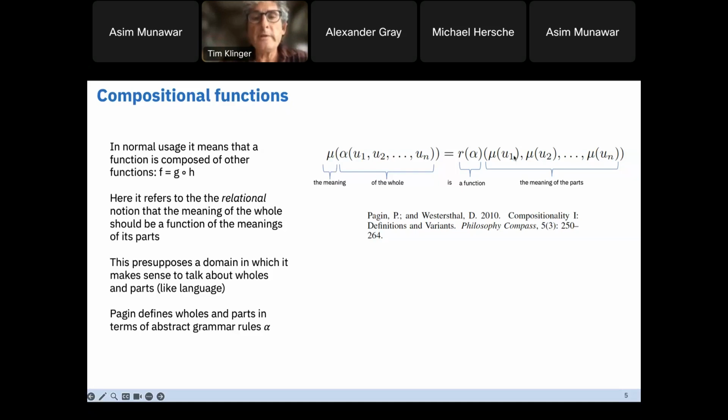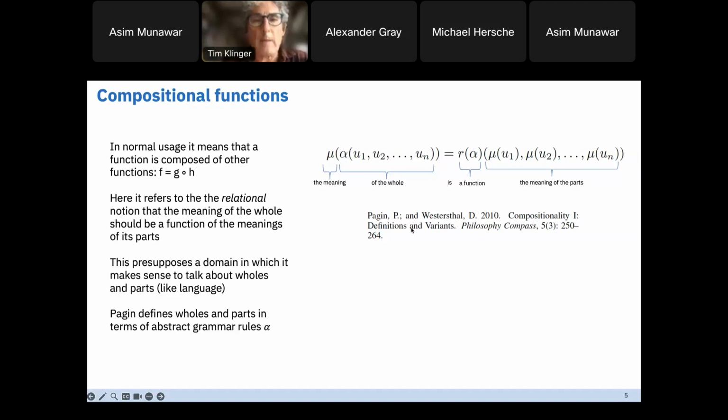As I mentioned before, every domain needs a notion of wholes and parts. Here, the parts are U1, U2, UN, and wholes are formed by, and this is a definition, a notion that comes from Pagin and Westerståhl that we adopted here. I give the reference here.